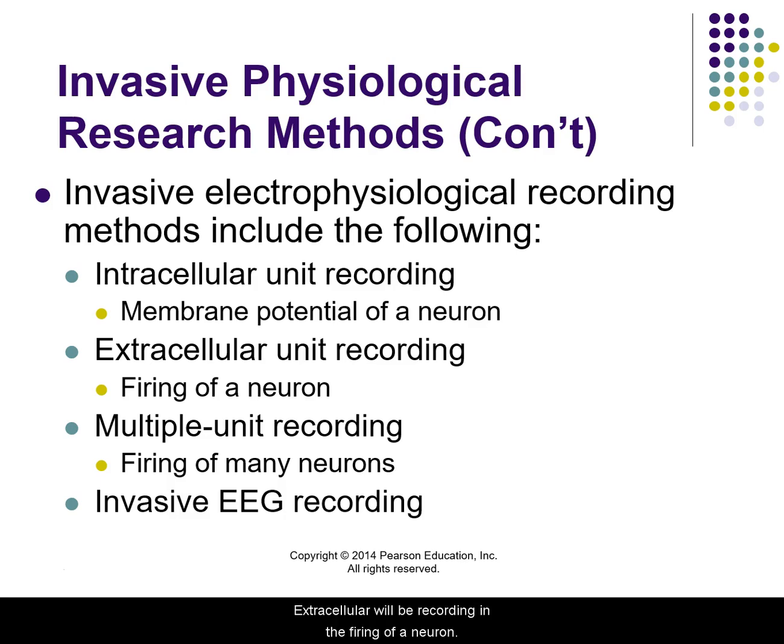Extracellular would be recording the firing of a neuron. You would put the cannula inside the neuron for intracellular, and on the outside of the neuron for extracellular. So both of those would be for recording a neuron.